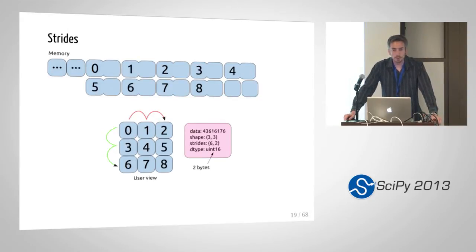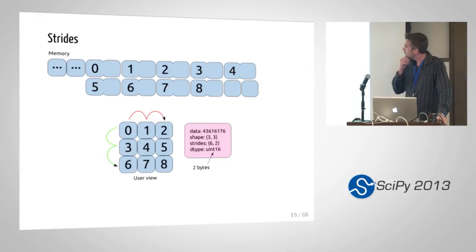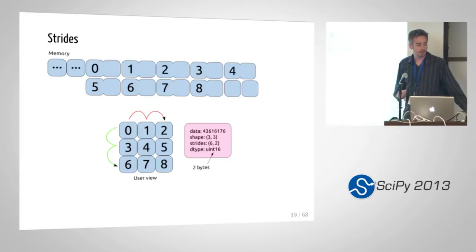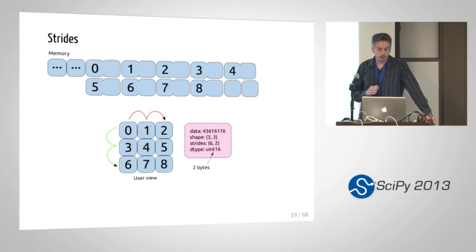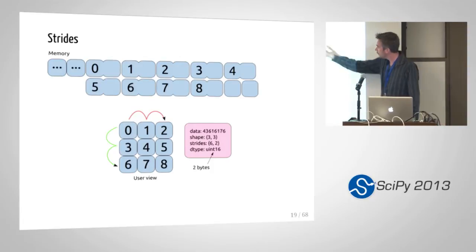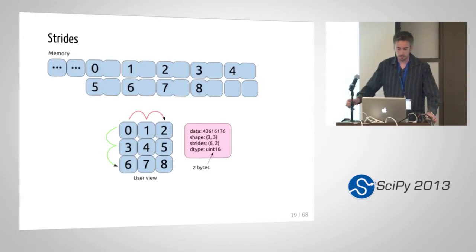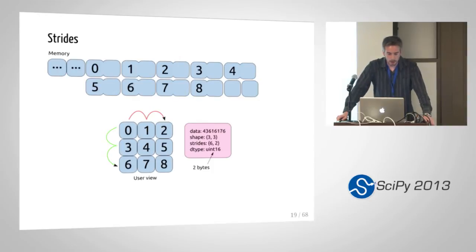In this example, I've stored the numbers 0 through 8 in an array, and the array's data type is uint16. So it's an unsigned integer, 16 bits, so it occupies 2 bytes in memory. So every 2 bytes here will store a single value in that array. 0 will occupy 2 bytes, 1 will occupy 2 bytes, etc.